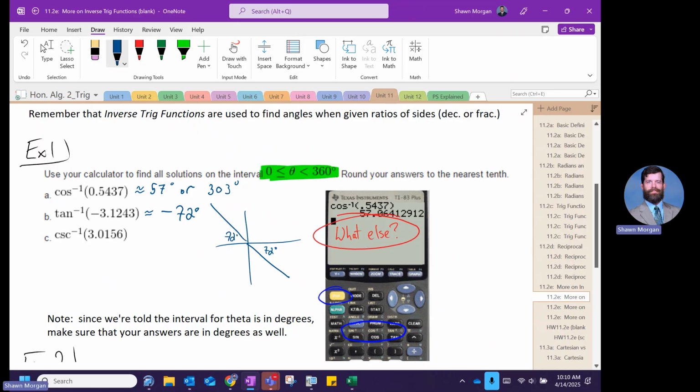Because think about ASTC. Tangent is positive in the first quadrant, it's positive in the third quadrant, it's negative here, and it's negative there. So what would my other angle be? We've already seen the second quadrant when we said 180. Louder, Eli? Minus. So we do 180 minus 72, which would be 108.